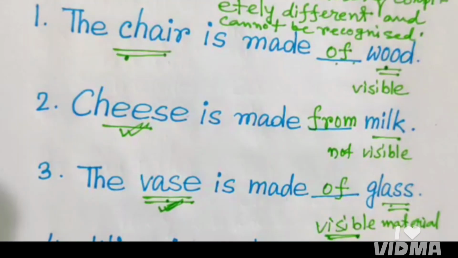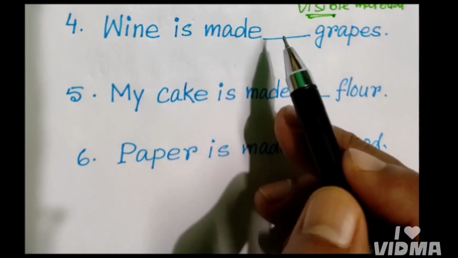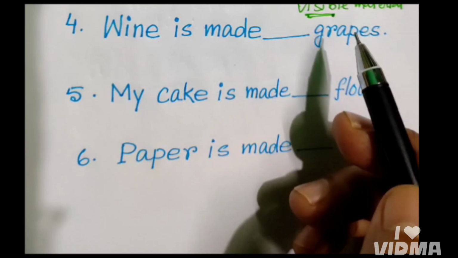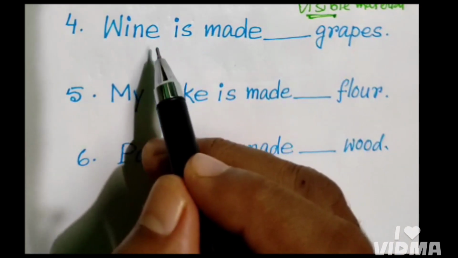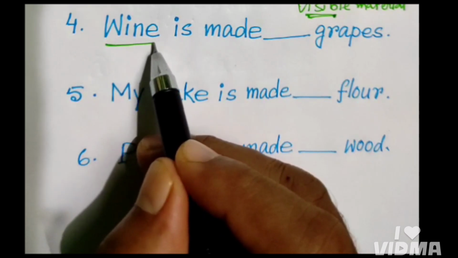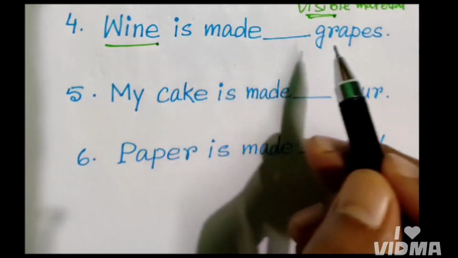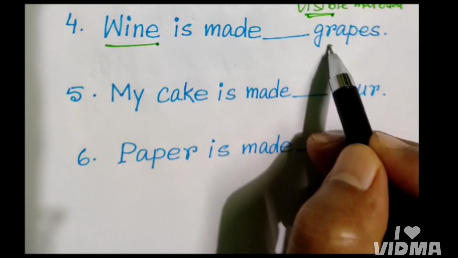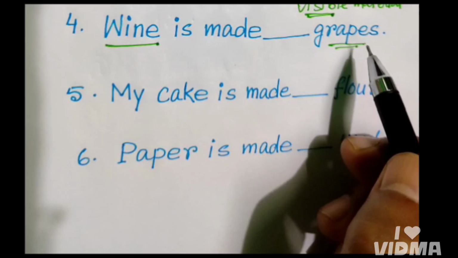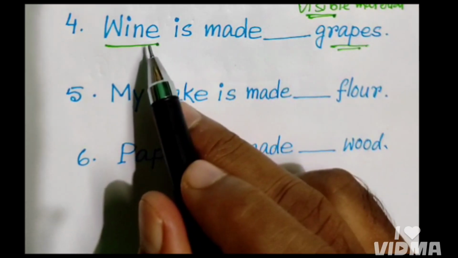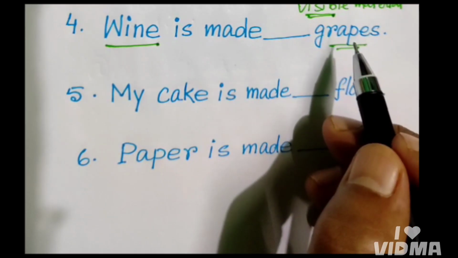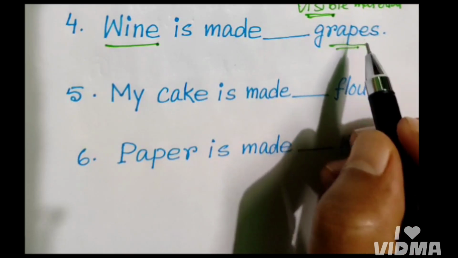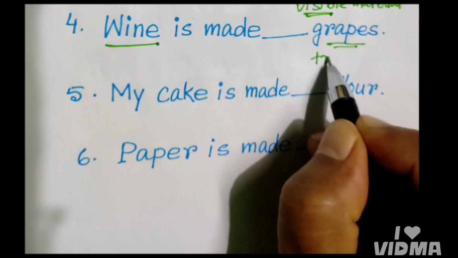Okay. Wine is made blank grapes. Here wine is the finished product, and grapes are transformed into wine. So here grapes are transformed.